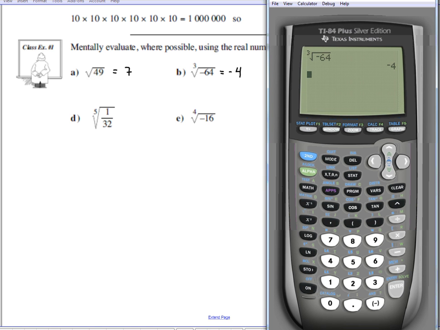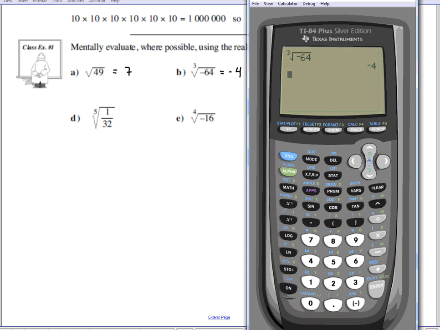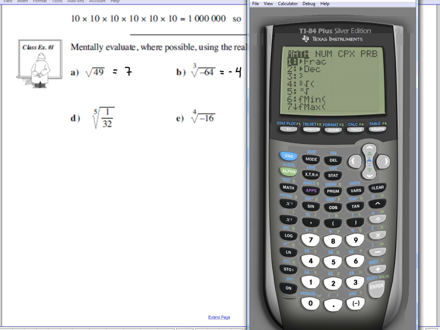4th root of 10,000. Now, a 4th root's really cool. It's the same thing as square rooting it twice. I'll show you. How do I type in if I want the index of 4? The little number is 4. I push the 4 first, and then math 5.